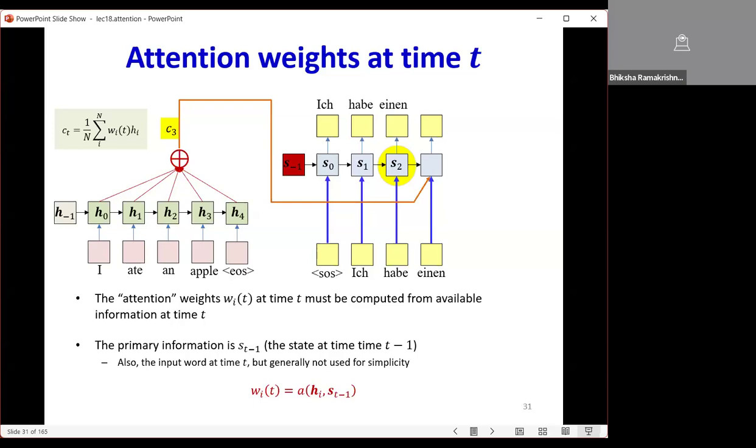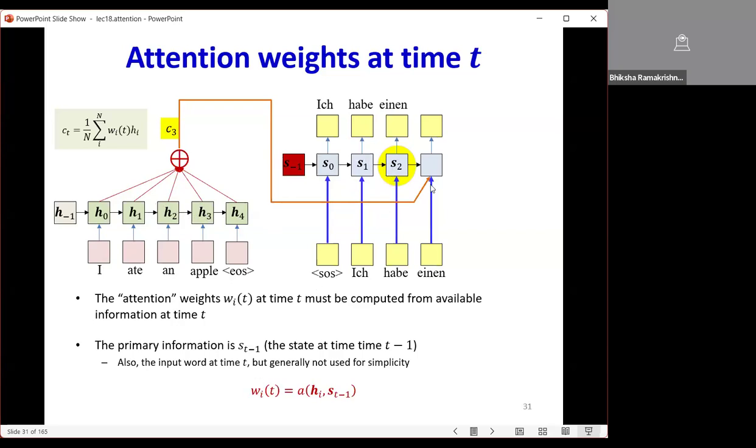Yes or no? So for example, if you want to compute the weight for H2, which comes from "ate", that weight is going to be a function of H2 itself and S2. The weight for H3, which is from "apple", is going to be a function of H3 and S2, and so on.